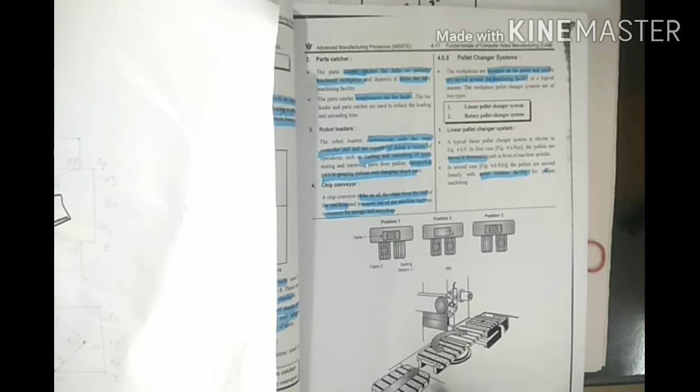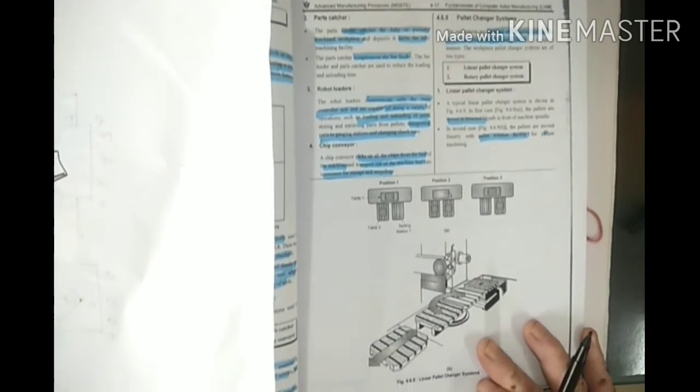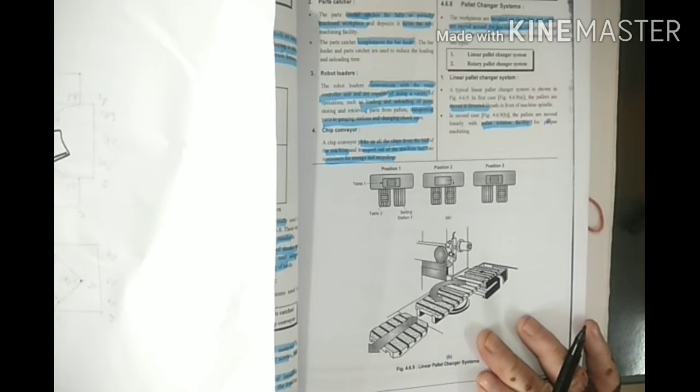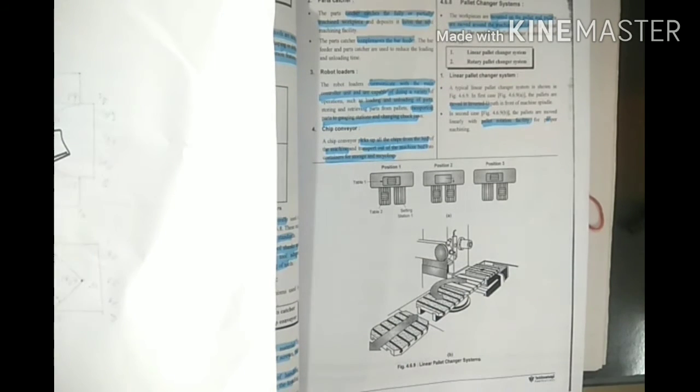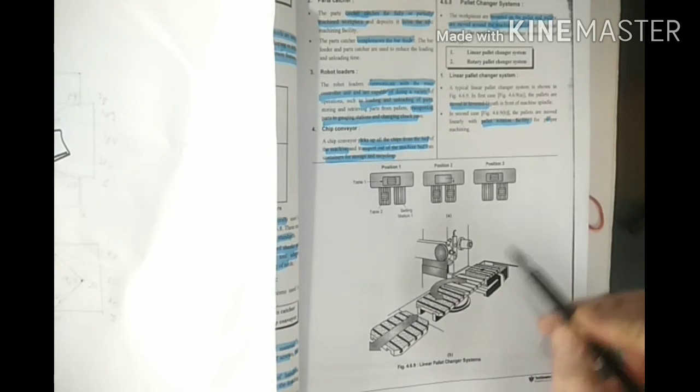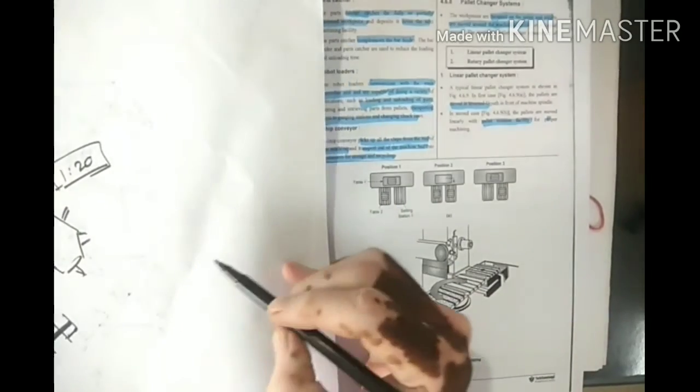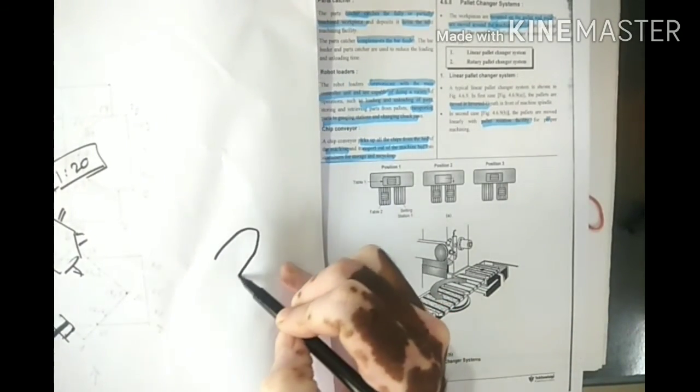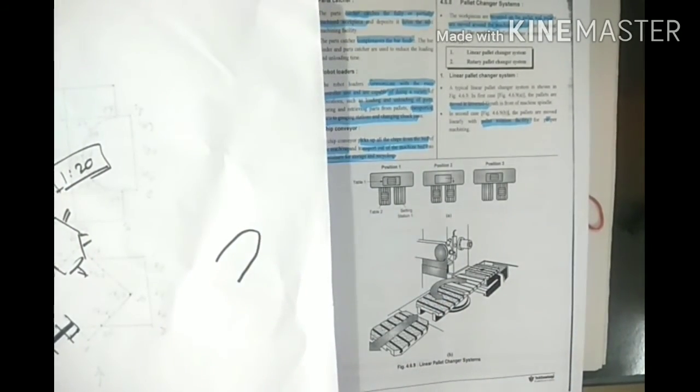In the linear pallet changer system, as you can see in the figure, the pallets move in an inverted U, means moving the pallet in a U form, a U path.